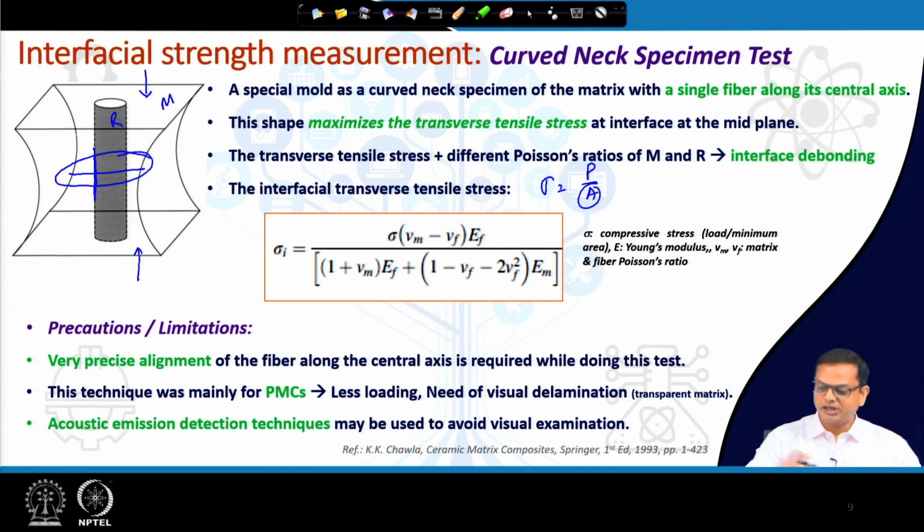Okay. So, in this particular class I have talked about the different kinds of bonding, and I have started talking about the different techniques by which we can measure interfacial strength. We will move on to this topic in the next class. We have learnt about bonding in terms of three different kinds: physical bonding, chemical bonding, and mechanical bonding.